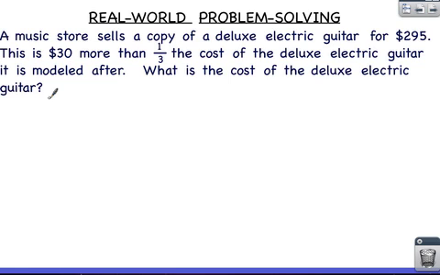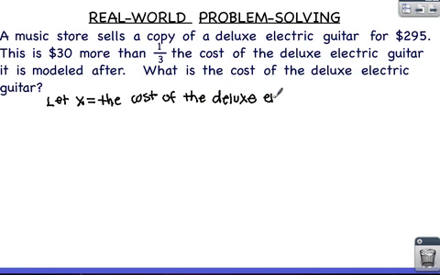Well, we're going to let x equal the cost of the deluxe electric guitar. Some keywords were more than and 1/3 the cost of the deluxe electric guitar.